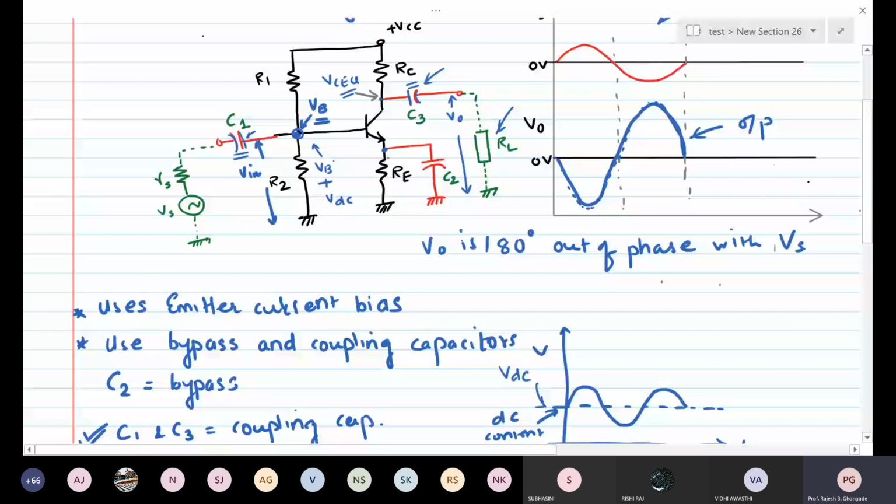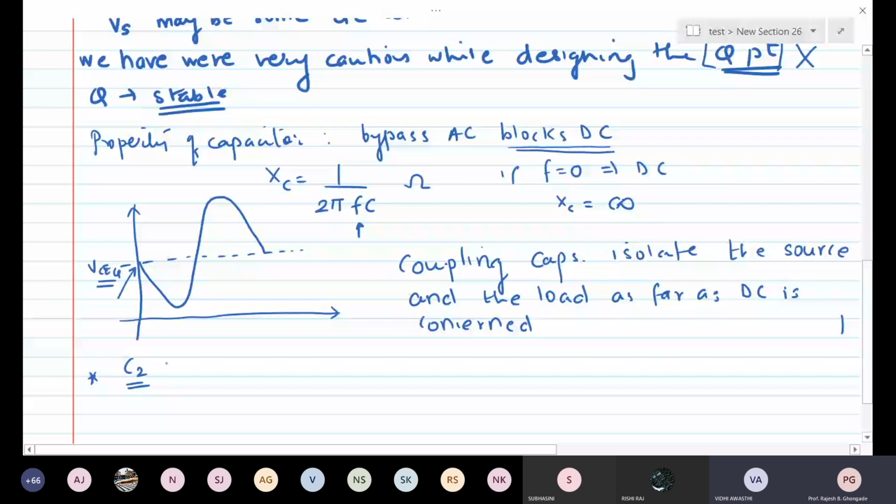Why? Because you have a direct connection to ground for AC signals via C2. So C2 is called a bypass capacitor. What does it bypass? The AC signal. It bypasses RE. So the emitter of the transistor is literally at ground level as far as AC is concerned.